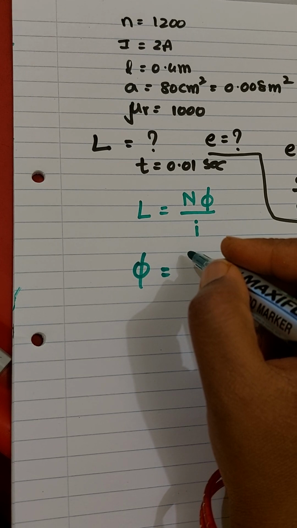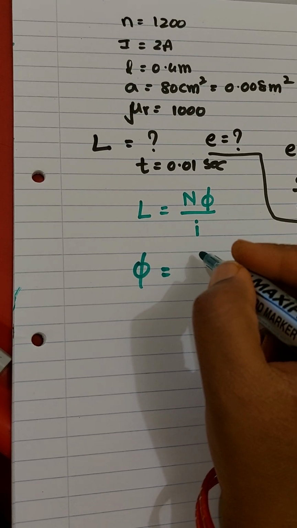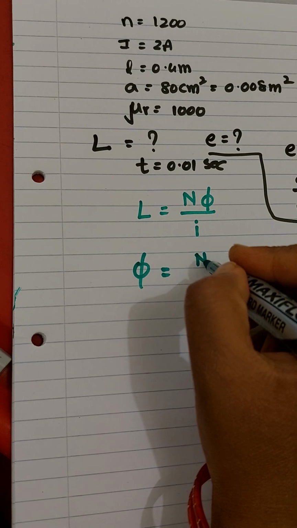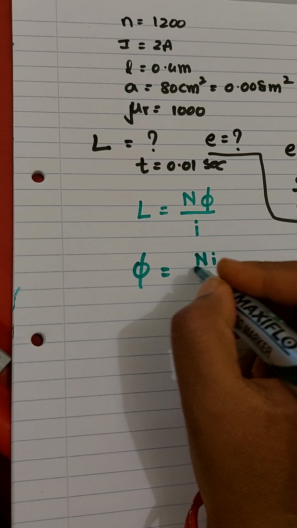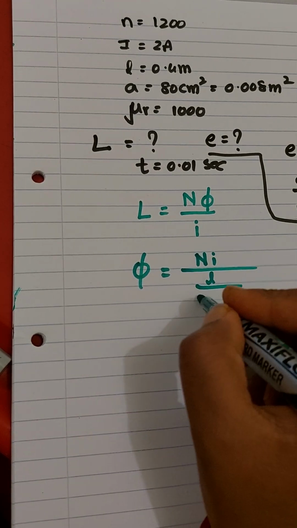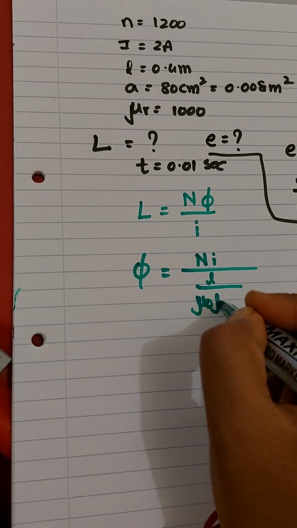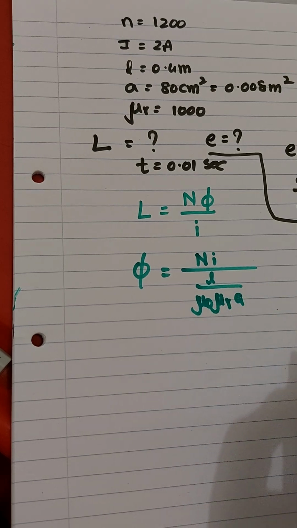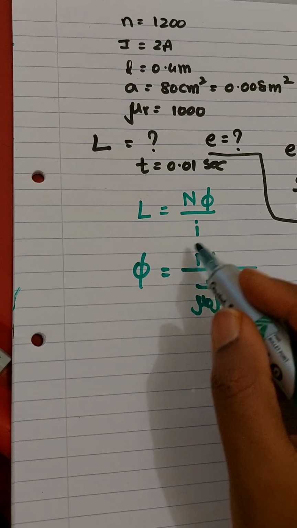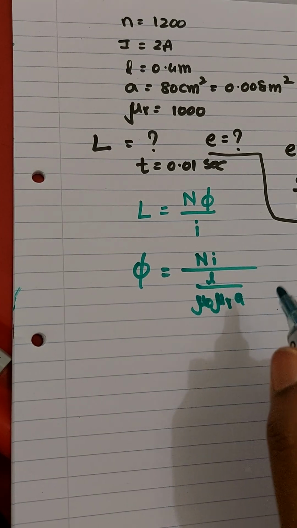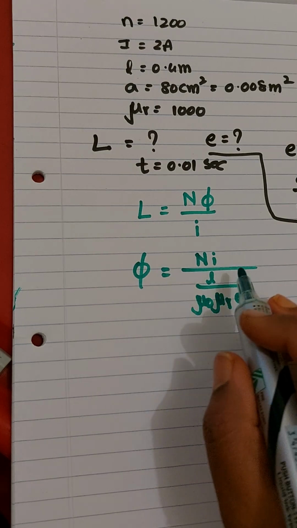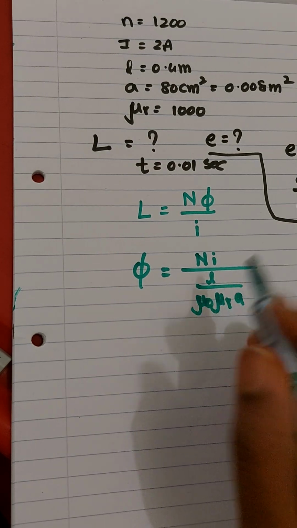So flux in self-induced EMF is given as number of turns times current in the coil, by length, by mu naught mu r A. So this is the general formula for flux in terms of number of turns and permeabilities, length and area. You should remember this formula. I know this is a little hard, but you need to practice this formula.